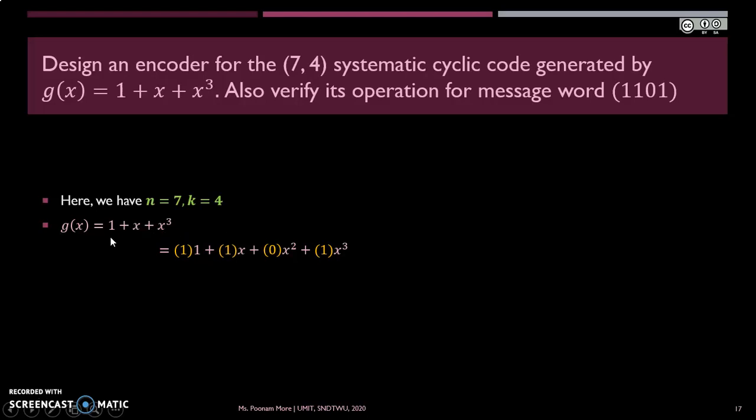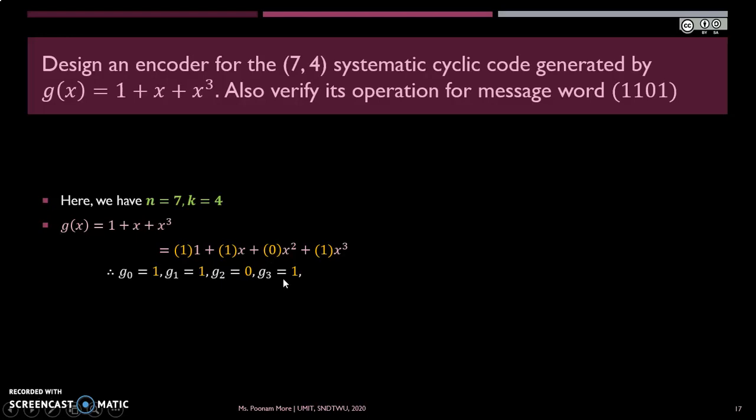As the x square term is not present, its coefficient is considered as 0, and the coefficient of x cube is considered 1 as it is present. So the value of g0 is 1, g1 is 1, g2 is 0 and g3 is 1.